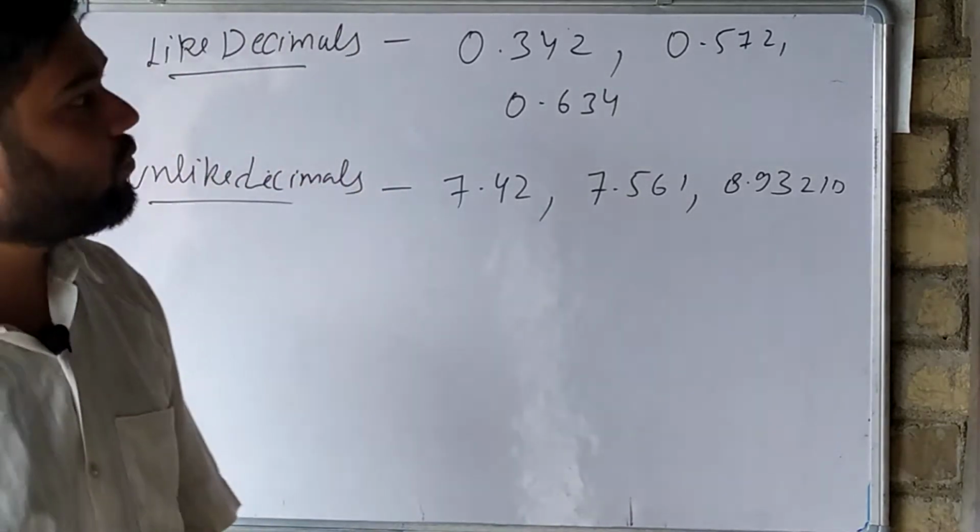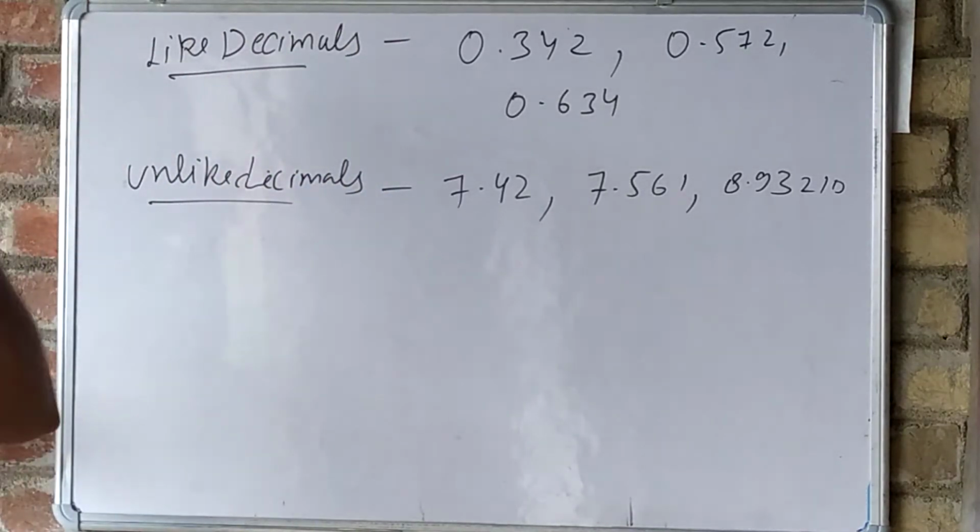Now how do we convert unlike decimals to like decimals?